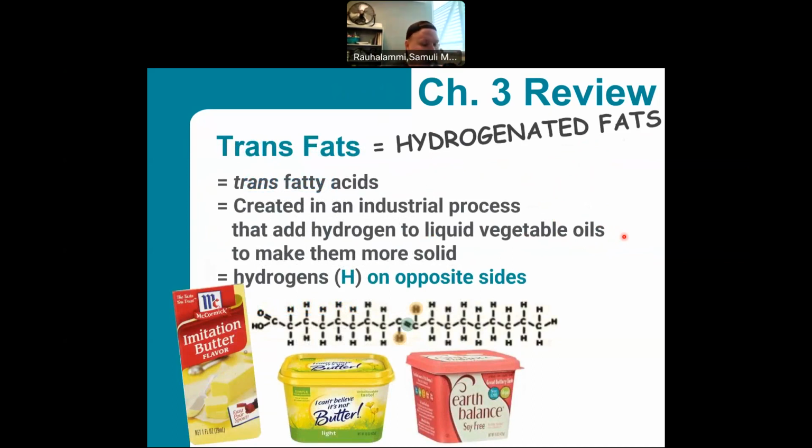So we're chemically altering these oil-like substances to appear like more solid substances in a dietary sense. The idea was that we would maybe have a healthier option that's still as tasty and attractive. And this is where imitation butters, margarines, things like that became very common and very widely used.